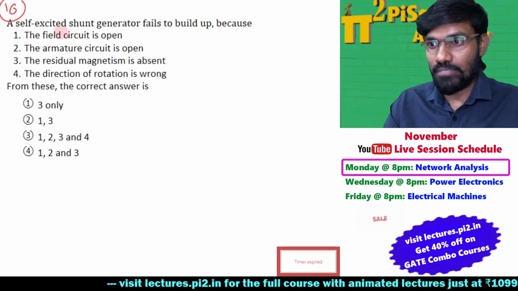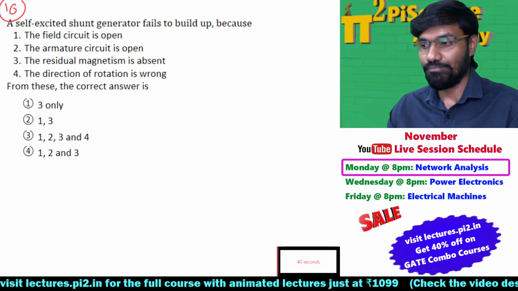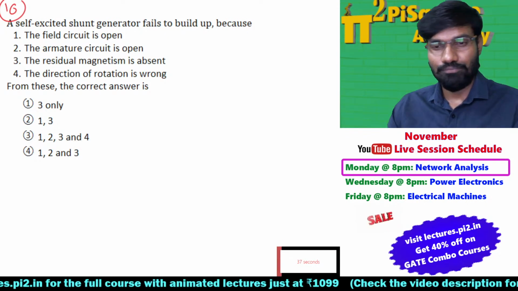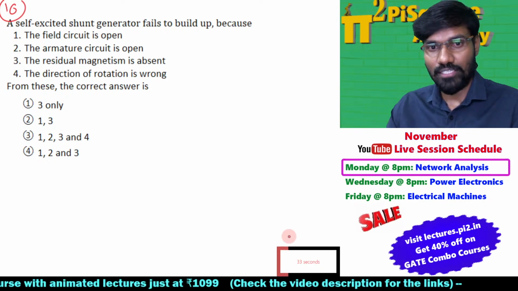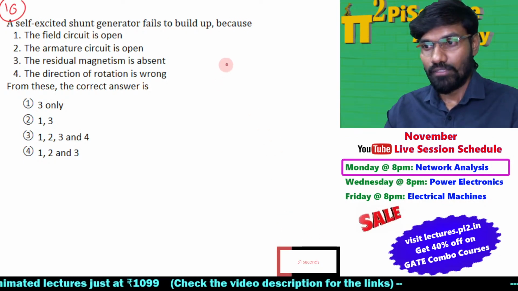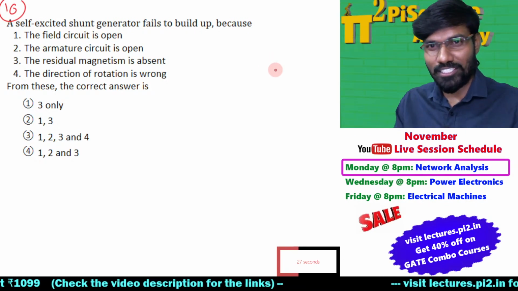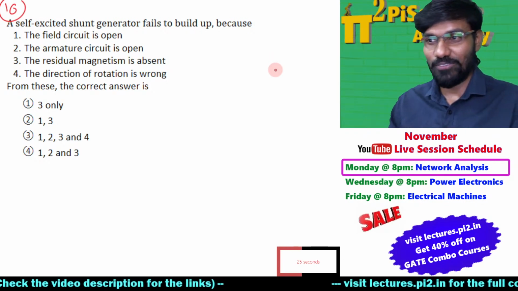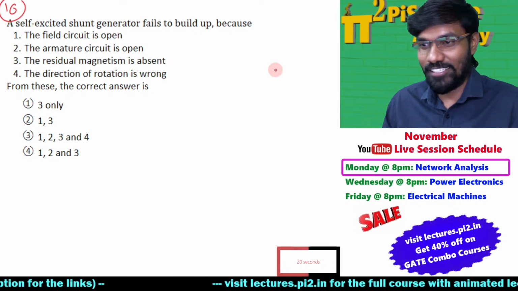Let's go to question number 16. Because you need to read, I'm giving 40 seconds. You can see the timer here. Timer is running. Those who are watching the rebroadcast, pause the video and answer it.